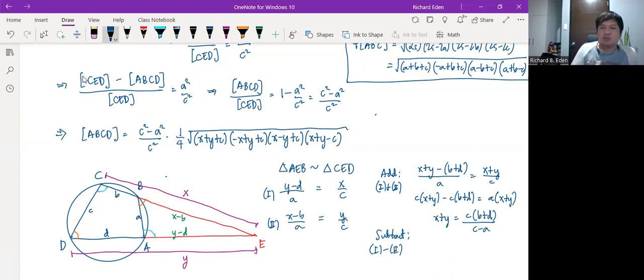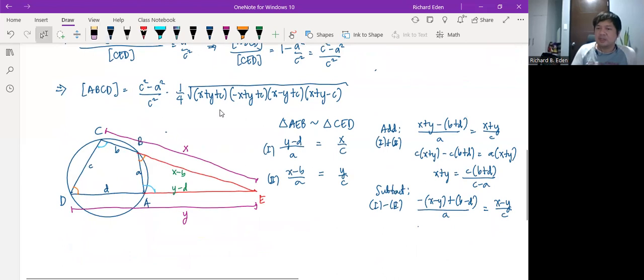So we're going to have y minus d minus x plus b. So, okay, we have negative of x minus y, because y minus x is the negative of x minus y, then plus b minus d over a. Check my algebra, okay? And then this equals x minus y over c.